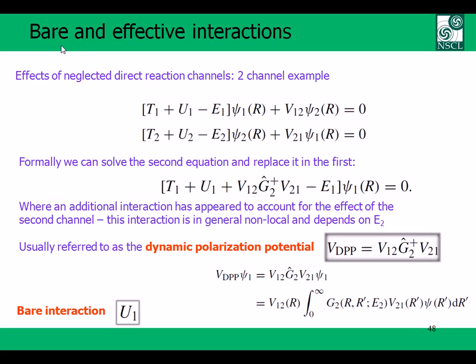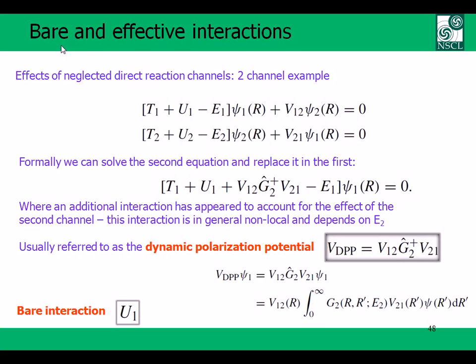So it's very similar to what we discussed in terms of P and Q space. In this case, the Q space is the second channel, and the P space is the first channel. So you can see it very explicitly here, and just terminology: this U1 is usually referred to in this context as a bare interaction, as opposed to the full thing that contains the effects of the additional channels on that channel.